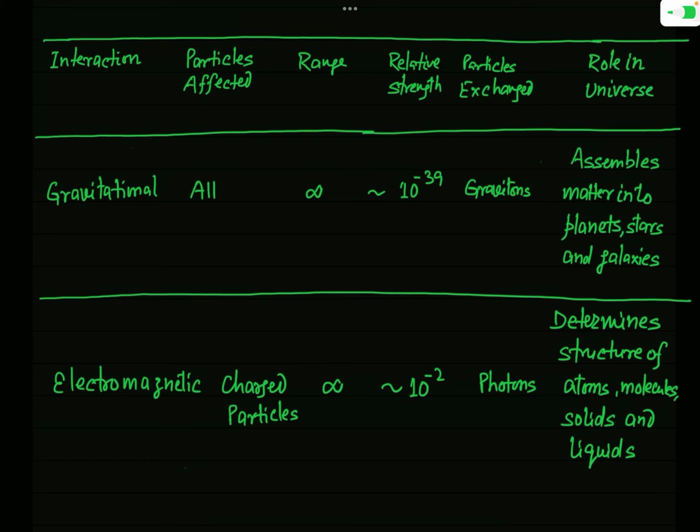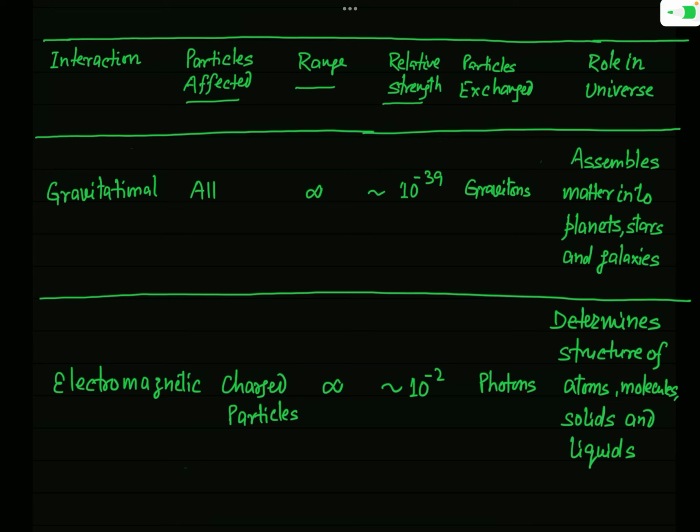So see this table. In this table you can see what the four fundamental interactions are, which particles these interactions affect, what the range of these interactions is, and what the relative strength is.